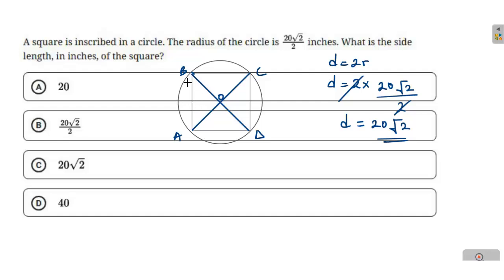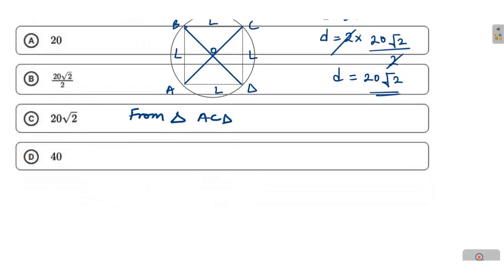For this square, this is L, this is L, this is L, this is L. So we can pick any of these triangles. Don't forget that AC or BD is the diameter of the circle, which corresponds to the diagonal of the square. From triangle, let's say ACD, we are going to have something like this.